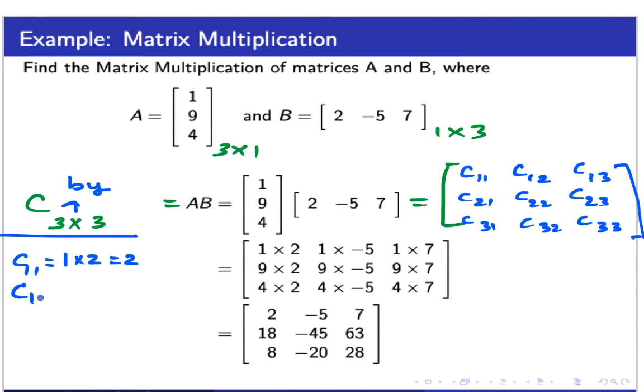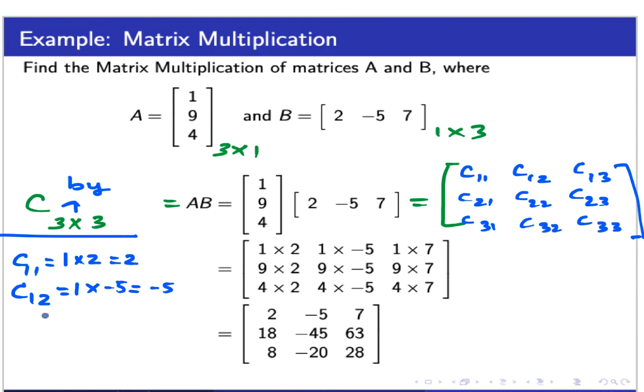Let's look at the element C12. Now, the subscript is going to give me all the information. This means the first row and the first element here. That's 1. Now, 2 means you go to the second column and the element which appears in the second column of this matrix B. So it is -5.